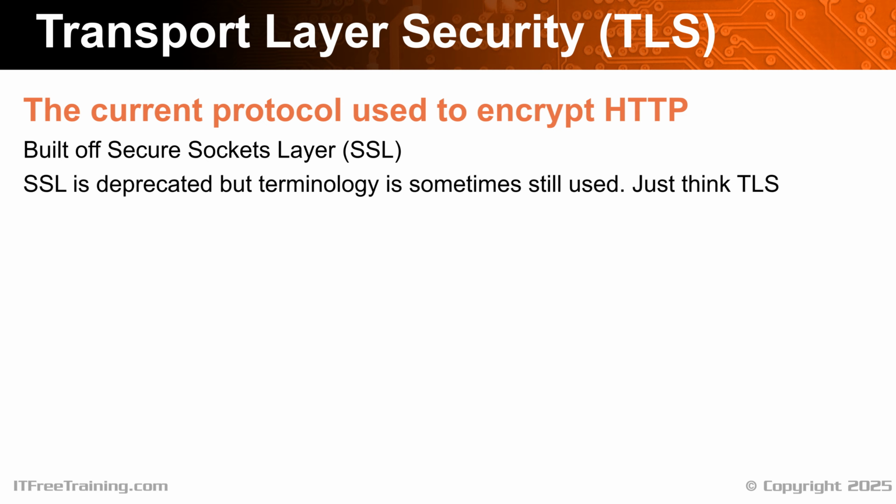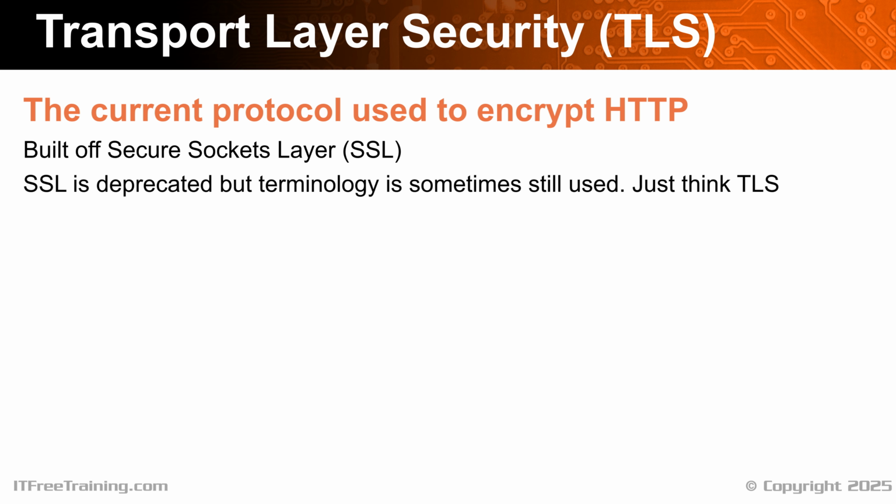For the A+ exam, you don't really need to know much about this protocol. Just remember that the terms TLS and SSL get used interchangeably. SSL was officially deprecated in 2015, so modern systems should use TLS. SSL has known security vulnerabilities, so if you ever get the choice to use SSL, don't; use TLS instead.